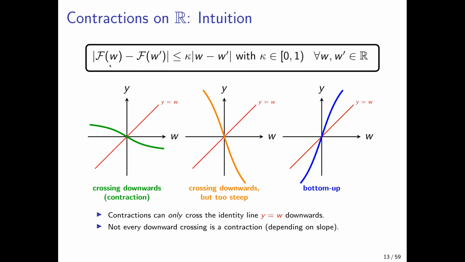And then you have this difference quotient here, which must be bounded by kappa. And this tells you that the slope of the function cannot be too large. And it turns out contractions can only cross the identity line downwards, like we are seeing here, and also like we are seeing here, but never bottom up. So this is too steep. And also here for the orange case, even though it's crossing the identity line shown in red downwards, it's too steep to be a contraction.